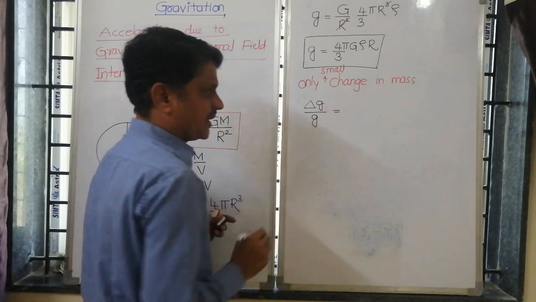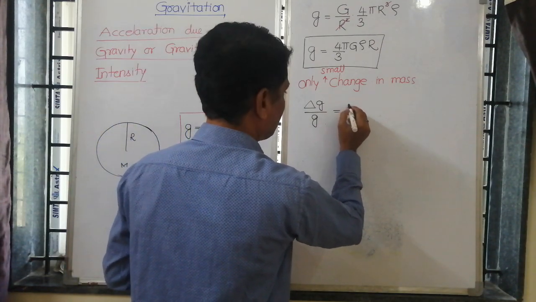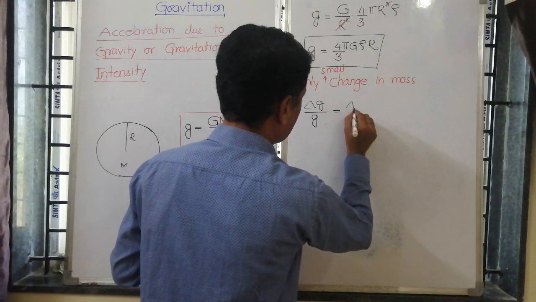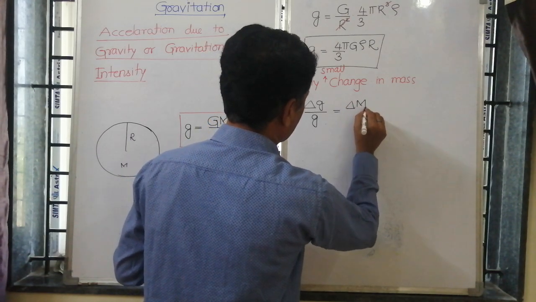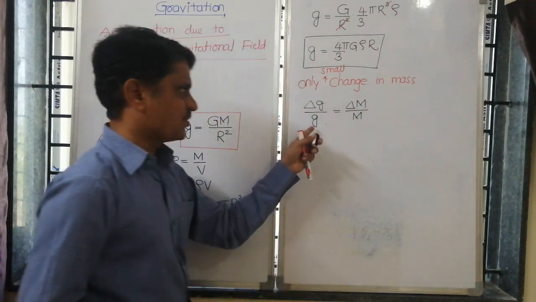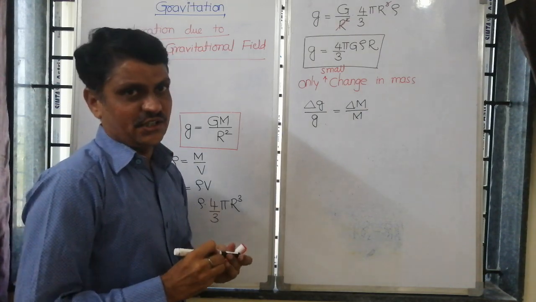You can multiply by 100 also. Okay, so fractional change in g is equal to delta M by M. If you multiply by 100 on both sides, you get percentage change.